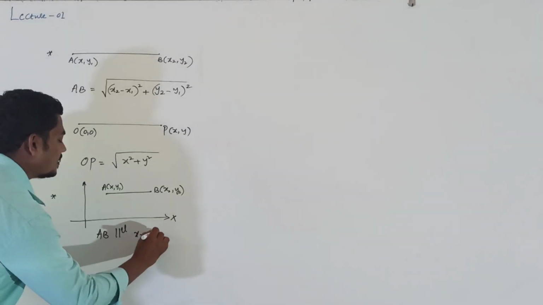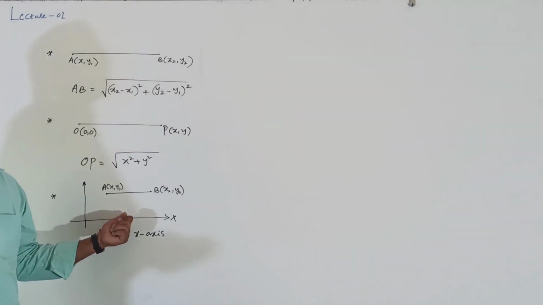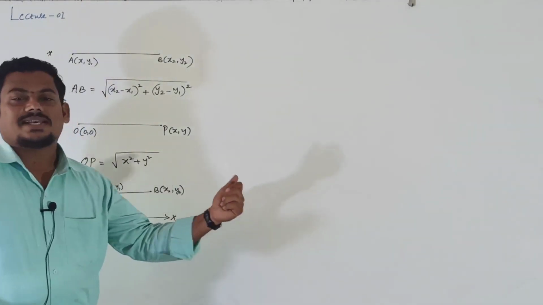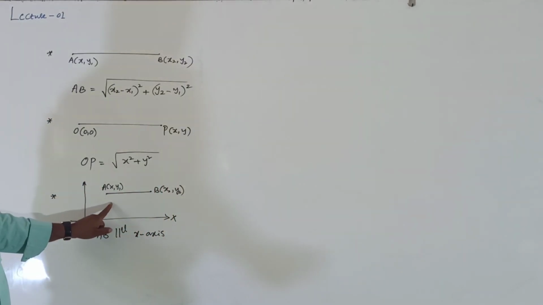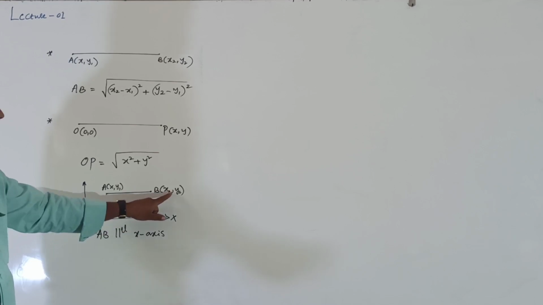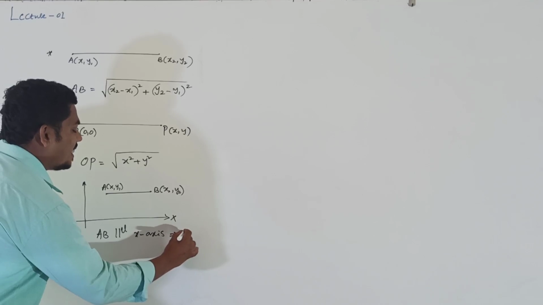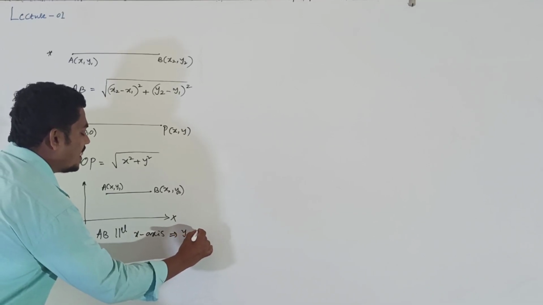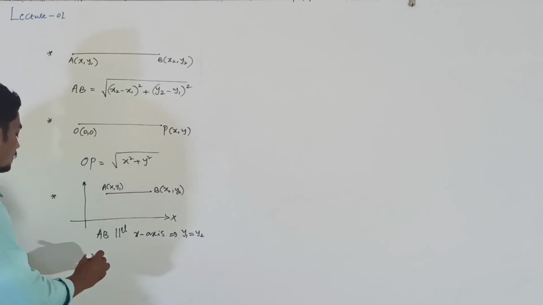If AB line is parallel to x axis, then what happens? Which coordinate remains same? Parallel, x coordinate changing, but y coordinate remains same. If AB line is parallel to x axis, then y coordinate remains same, means y1 value is same as y2 value. Only x coordinate is changing.